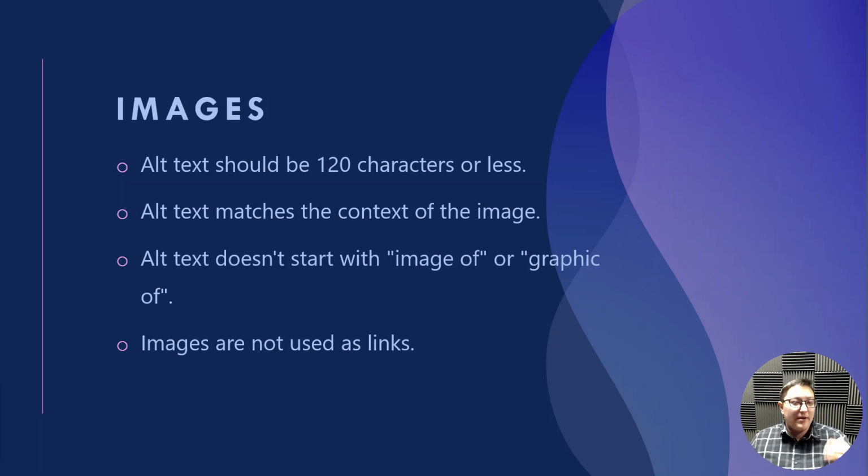Next bullet point about alt text, you want to make sure it matches the context of the image. We have all sorts of different courses here, and they will have different contexts. So say I have an image of an airplane over a runway and it's sunset.